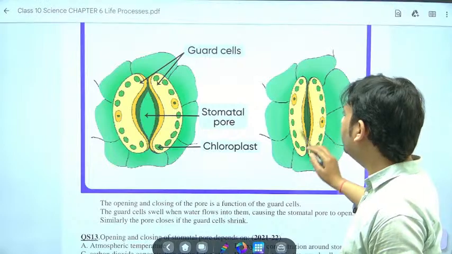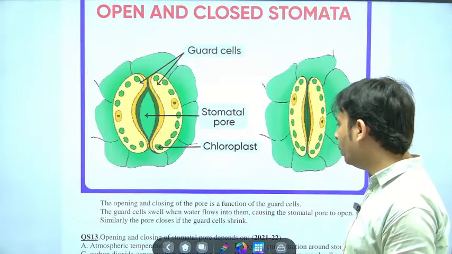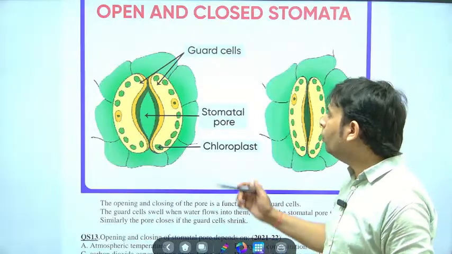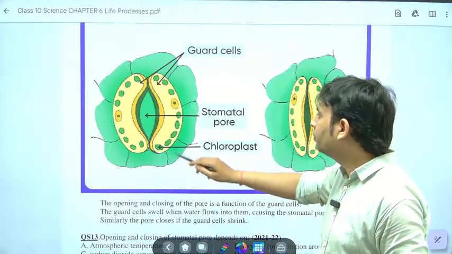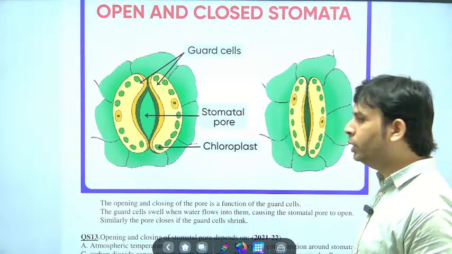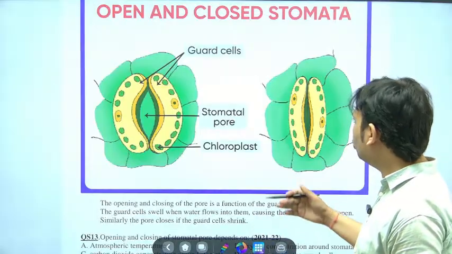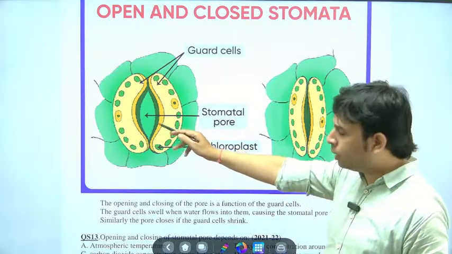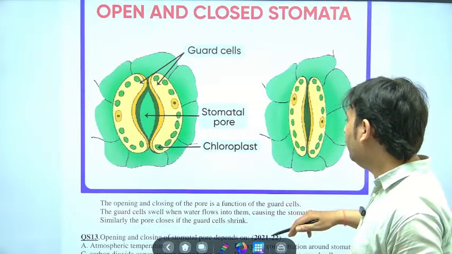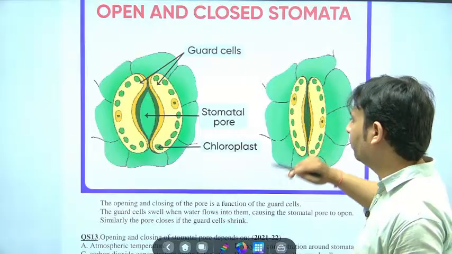So the opening and closing of the pore is the function of guard cells. Guard cells swell when water flows into them, causing the stomatal pore to open. This is the open diagram of the stomata. Similarly, the pores are closed if the guard cells shrink.